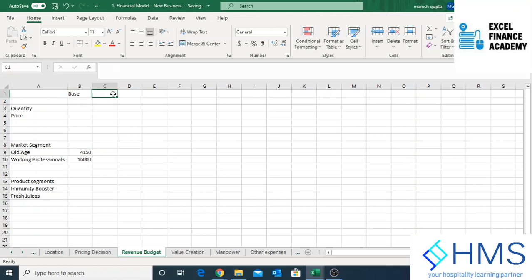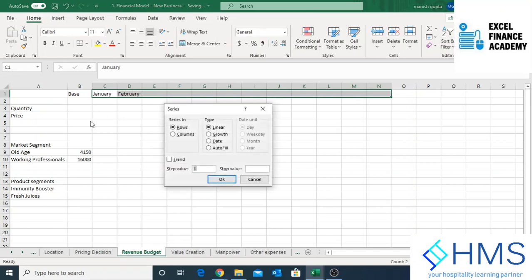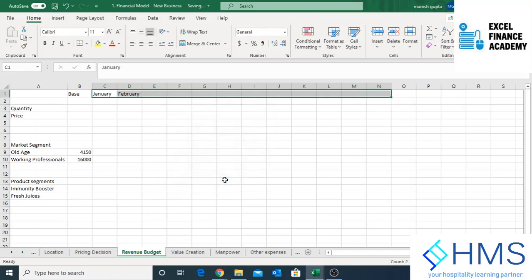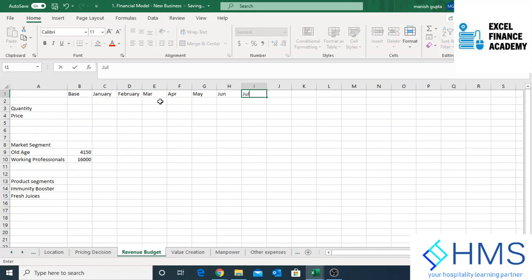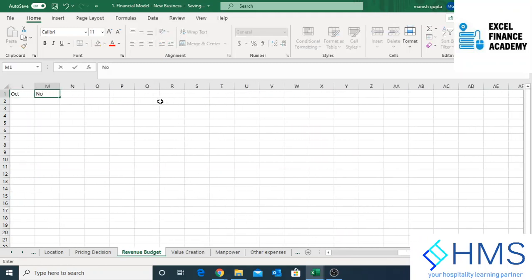Then you will be doing the month by month budget here. So let's say you're going to launch your business in January. Whenever we are doing the financial modeling or any budgeting or forecasting, we always do at least one whole year. So January, February, March, April, May, June, July, August, September, October, November and December.